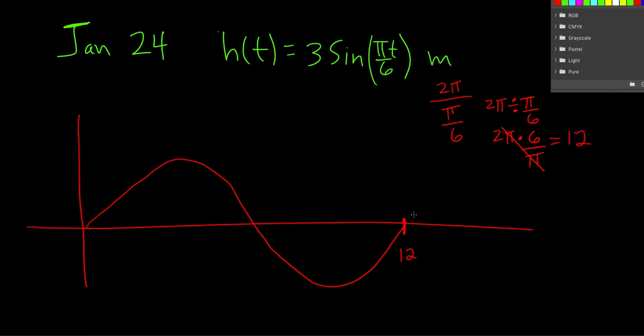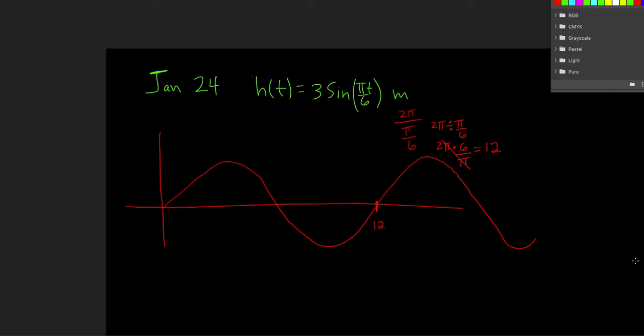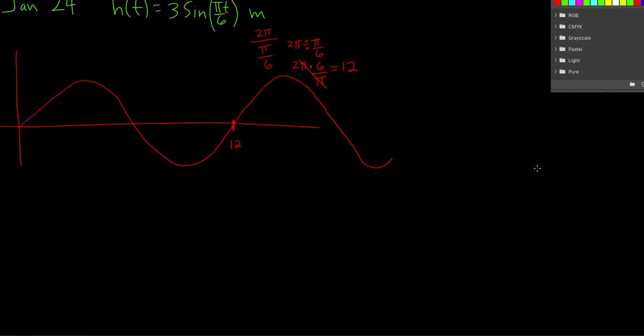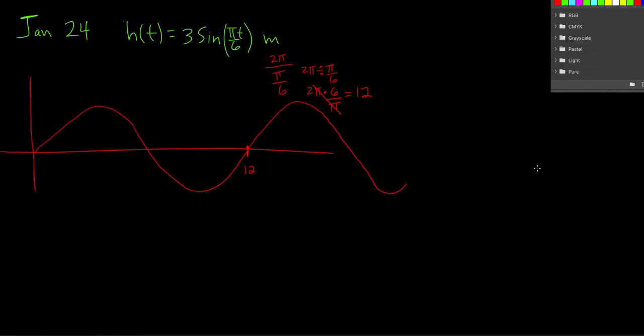So one period of sine is 12. So we'll keep going. Let's zoom out a little bit. And then that's 24, because we were asked to go in between 0 and 24.